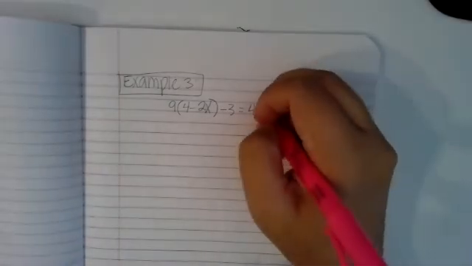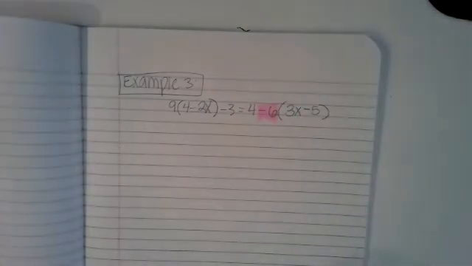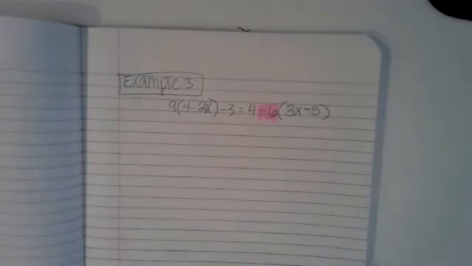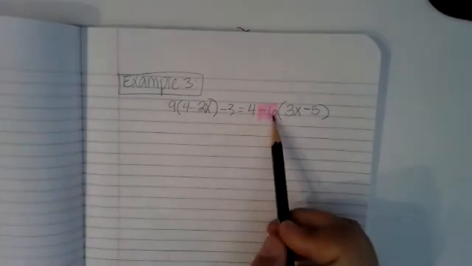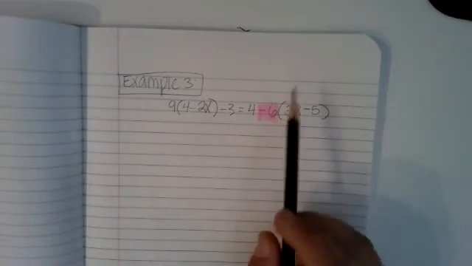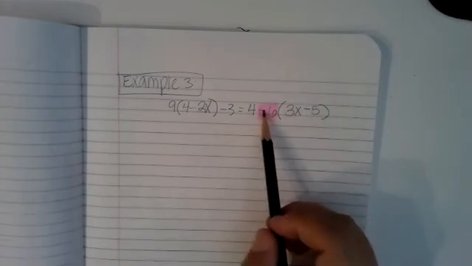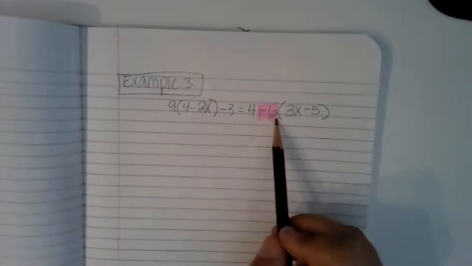This here. We have to remember that the sign goes with the term. So because this is a 6, this is actually a negative 6. The sign in front goes with this term. If you don't pay attention to that and you don't distribute with this sign, it's going to make a big difference in your problem.